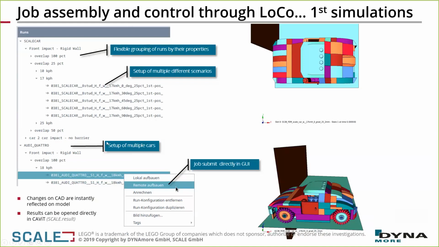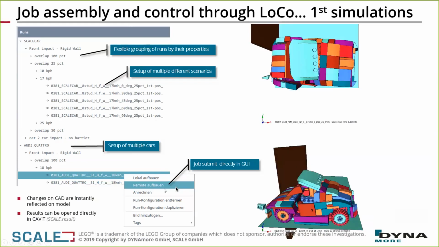And once you have set up your simulation, you can also integrate into LoCo the process of submitting the job to the HPC system. In our case, a small HPC system in our office in Dresden. You can also use your local resources, but it's more convenient on the HPC system. And then you can start your simulation.